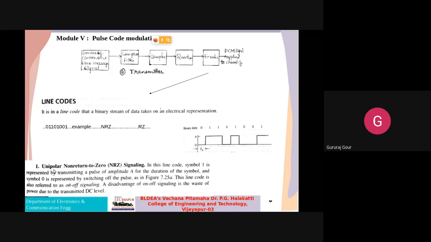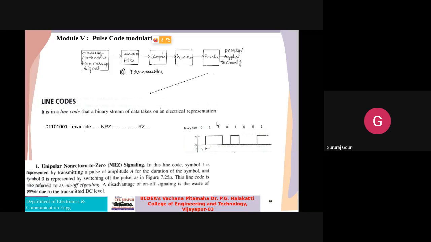In that, the first one is unipolar non-return to zero signaling. Here, 1 is represented by a pulse of amplitude A as shown in this figure. For 0 we are not sending anything, an off pulse will be sent. For bit 1, one square wave pulse of amplitude A will be sent. This will be maintained at A, because the next bit is also 1.